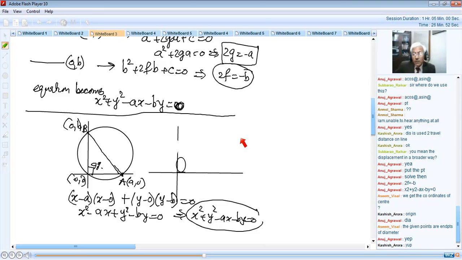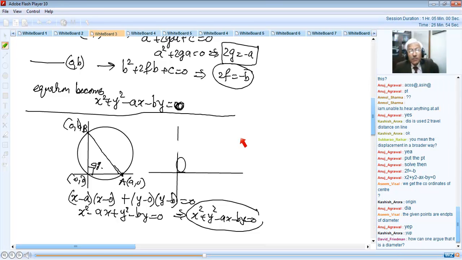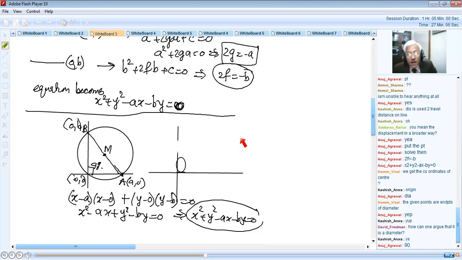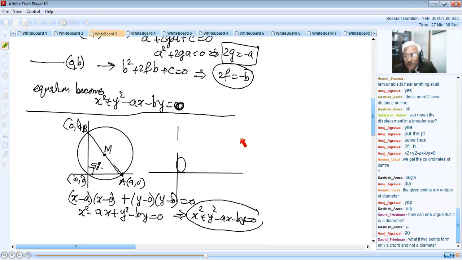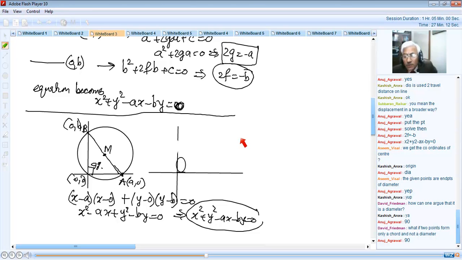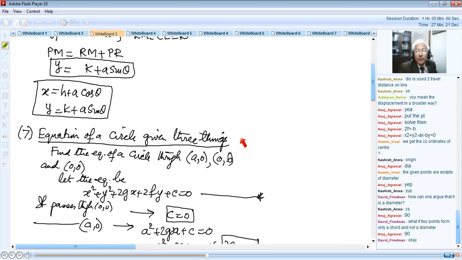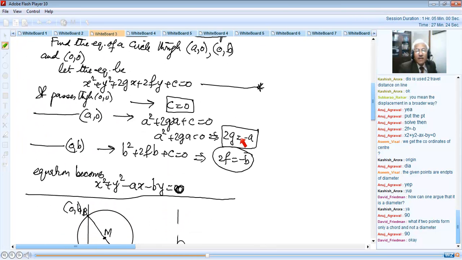Or the third method: don't you realize the middle point of A and B would be the center of the circle? We can also argue, see now, angle in a semicircle is 90 degrees. That means AB is the diameter. So to find the equation, we must have 3 given conditions.